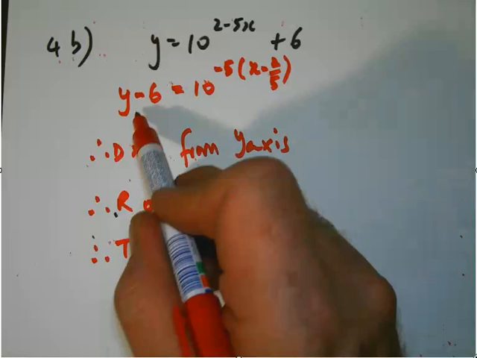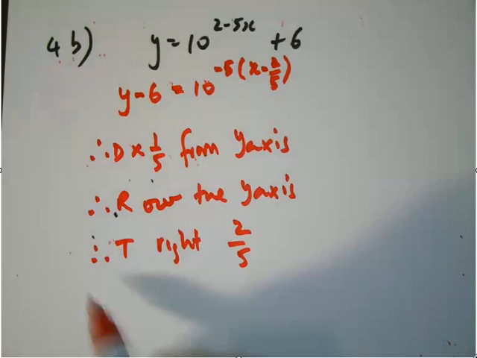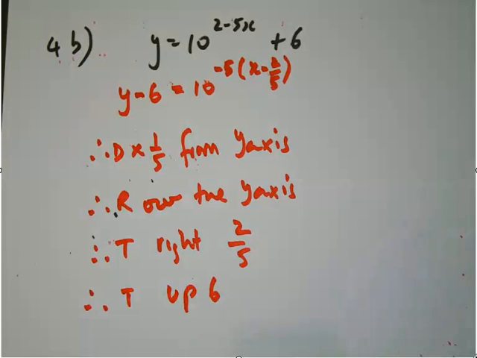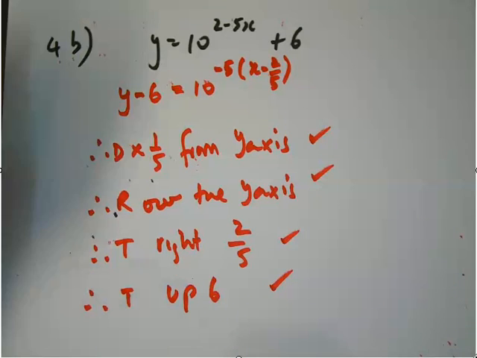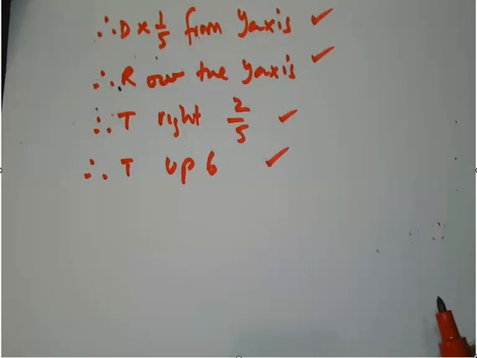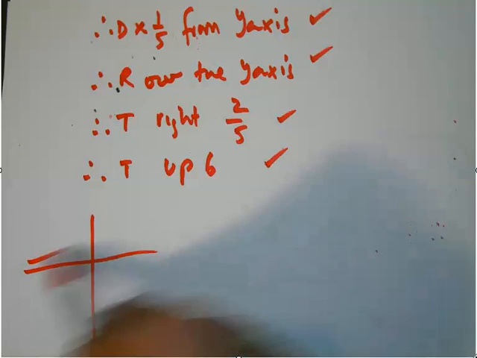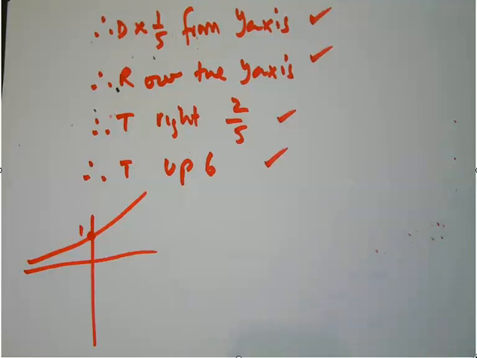And y has been replaced by y minus 6, therefore a translation up 6. They're my 4 transformations that have occurred. Normally, the exponential graph would look like that, going through at 1.